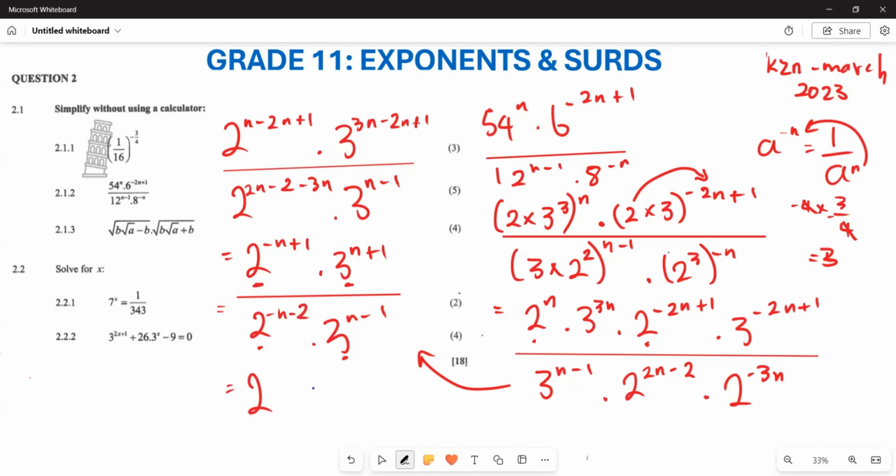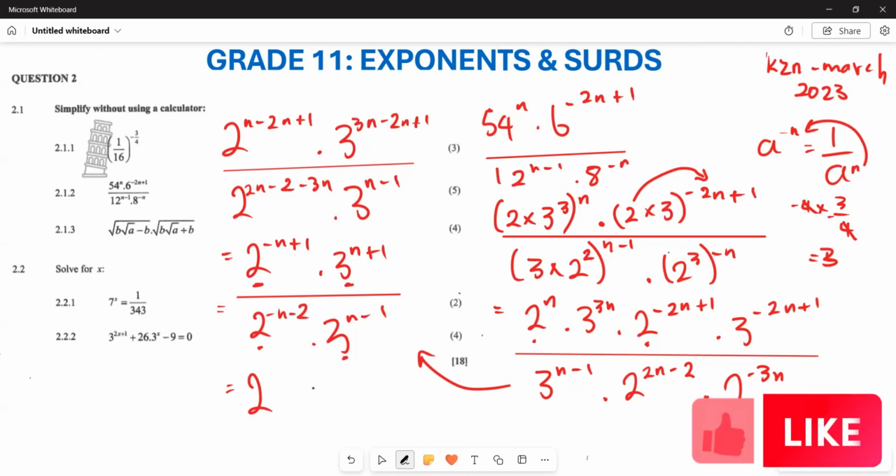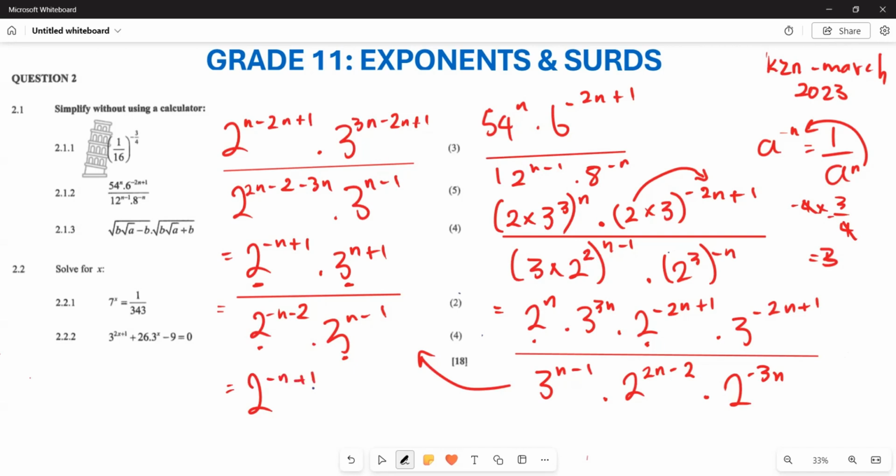Look at these. Yes. The negative n, when you take it to the top, this is negative n plus 1. This is going to subtract negative n, subtract 2, right?